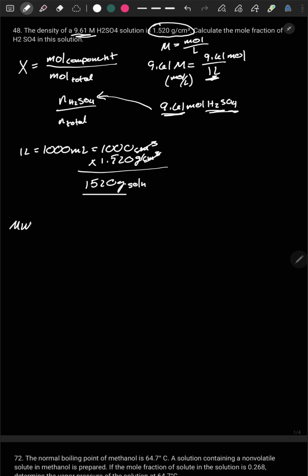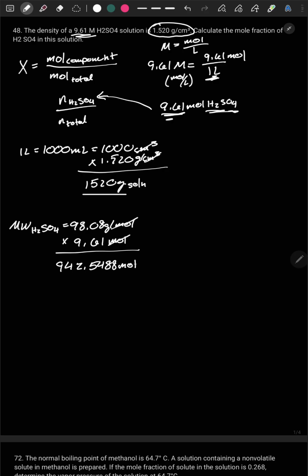The molecular weight of H2SO4 is equal to 98.08 grams per mole. Well, how many moles do we have? We've already found that: 9.61 moles. The moles cancel out, and so we are left with 942.5488 grams.